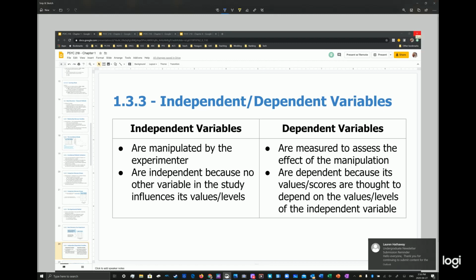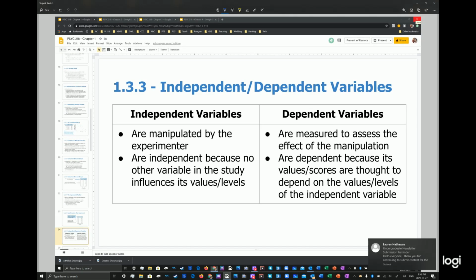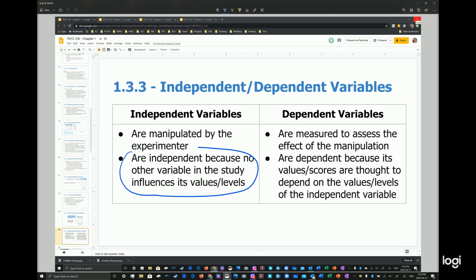Independent variables are the ones that you would manipulate or change or control. This is the only variable that the experimenter would actually change or manipulate, controlling all other variables. And that way we can start testing and demonstrating cause and effect. And the dependent variable is the one that you measure to see if there is an effect between groups.